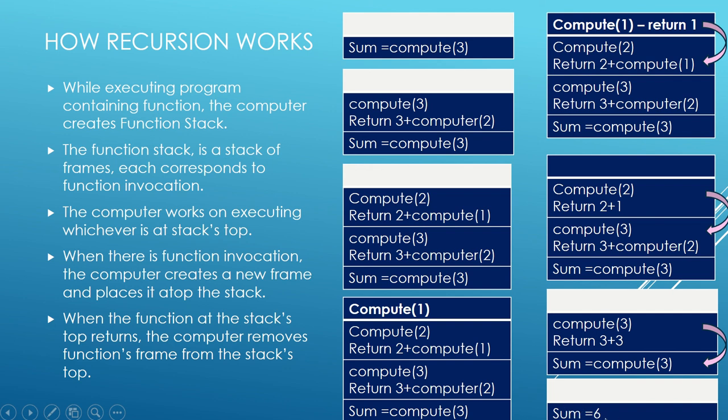When sum is assigned the value 6, there are no more items in the stack, so it returns completely to the variable and this frame is also removed from the stack. This is how recursion is handled internally by your computer or compiler.